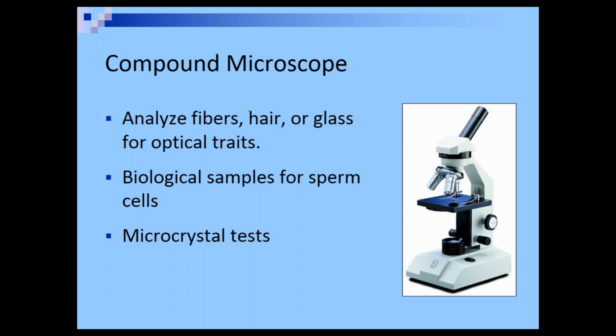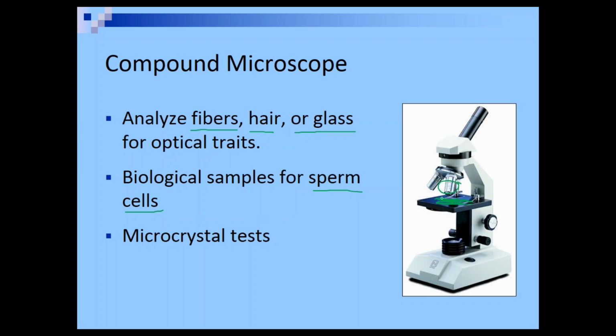So looking at the surface of a bullet, you want to zoom in on it. But if you want to look at the inside of a very thin fiber, thinner than a pin, or a thin hair, or a tiny glass object, or sperm cells, which are extremely small, you need very high magnification. To get that, notice that the lenses are extremely close to where the microscope slide is.